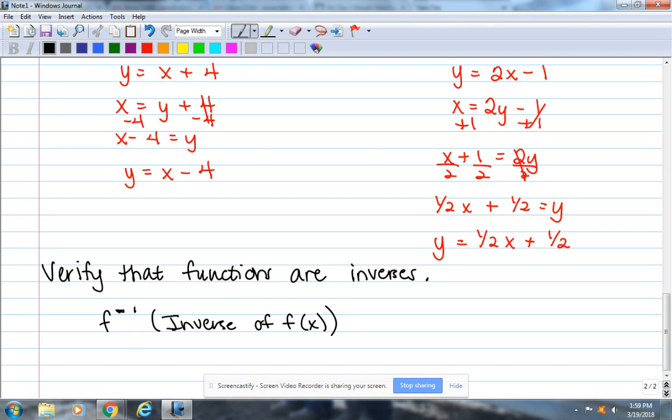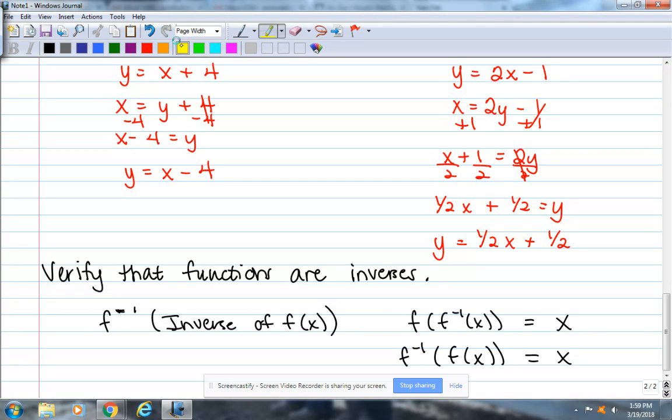So if you take f of f inverse of x, it should equal x. And likewise, the inverse of f of x should also equal x.